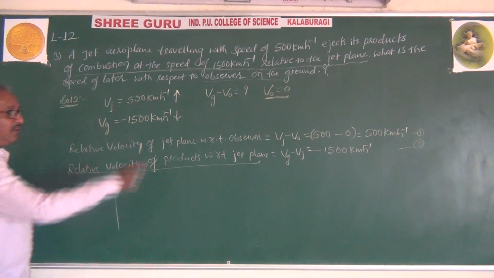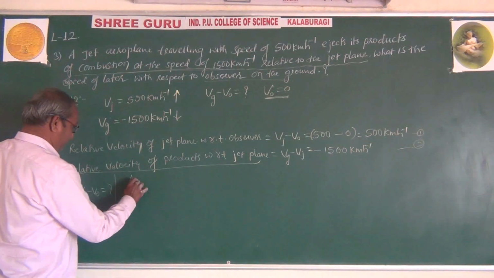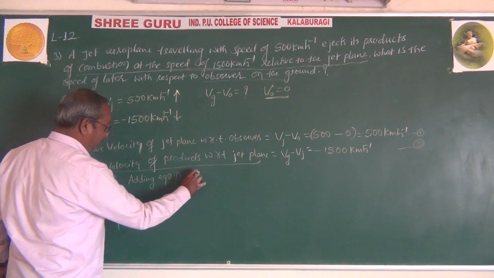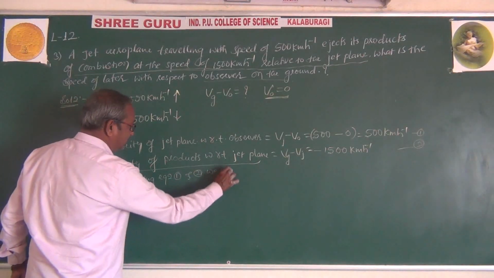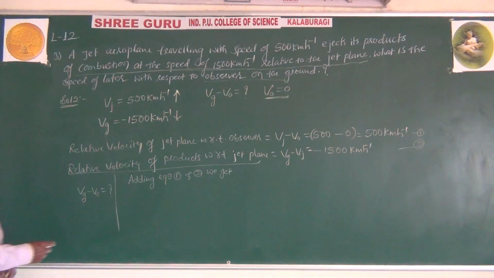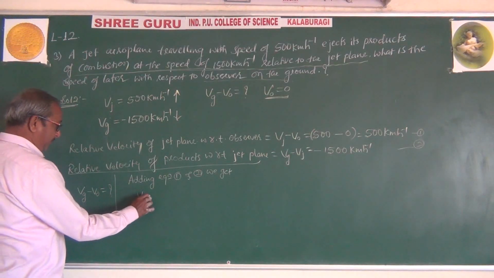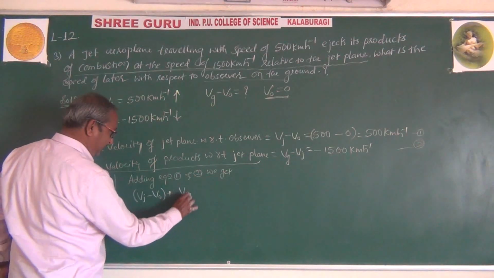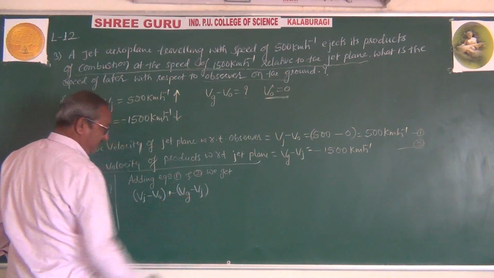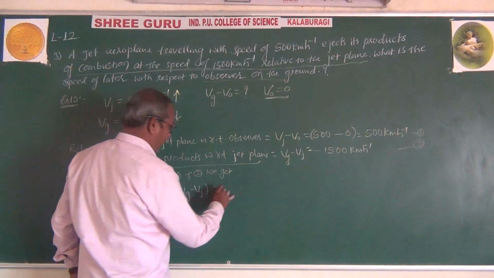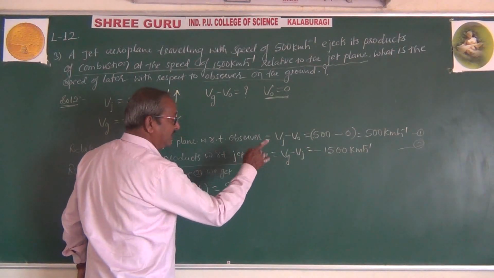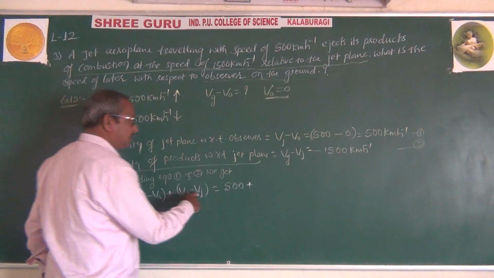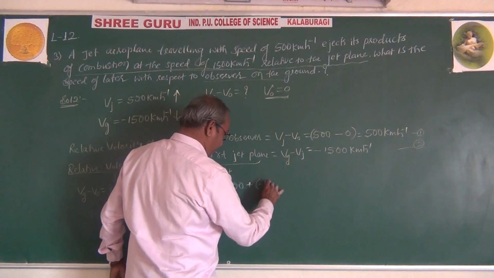So for that purpose, we have these two equations. Adding equations 1 and 2, we get, see here, equation 1: Vj minus Vo, plus Vg minus Vj, equal to 500 minus 1500.